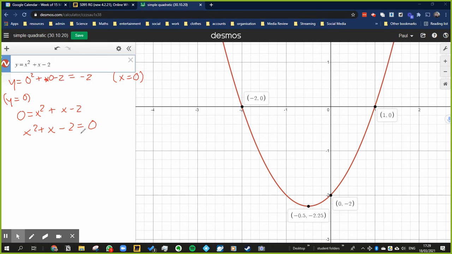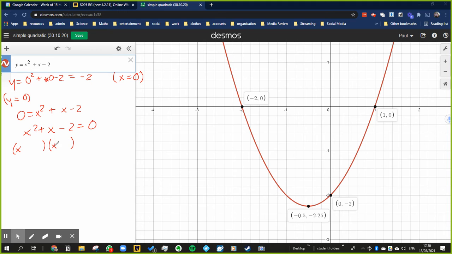In order to solve a quadratic, we need to get it into the form of 2 things in brackets, where we're going to have x and x, plus or minus some sort of number. If a, this number here, was not 1, it'd be slightly more complicated, but we're looking at when a equals 1 at the moment.